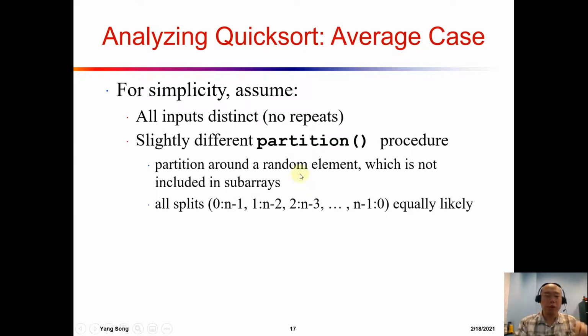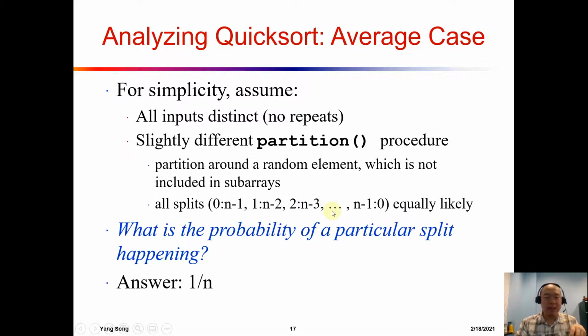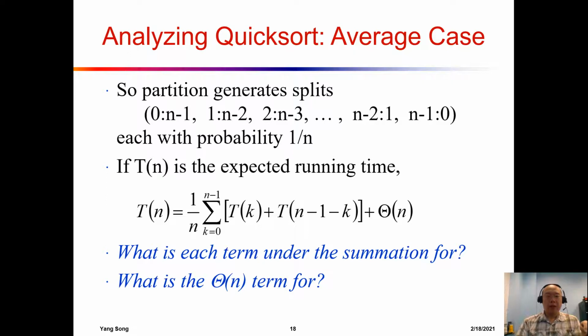So how do we get the probability of which partition is likely to happen? The answer is 1 divided by n, where n is how many values we are sorting. Okay, and so if we consider all those possible partitions, we have to add all the possible T(n)'s together.